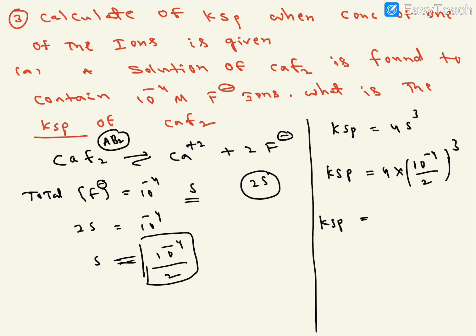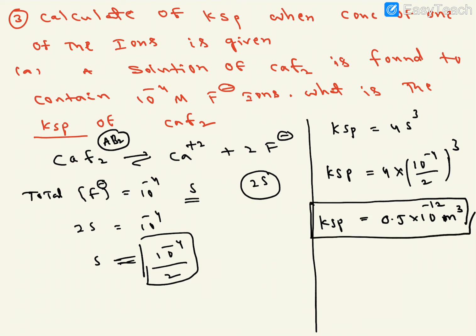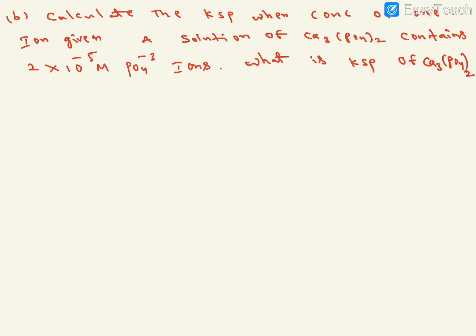So the KSP value is equal to 0.5 into 10 to the power of minus 12 molarity cube. That is the unit here. So this is the KSP value of the given question. Right, one more model, so we get a clear idea about this type of question.